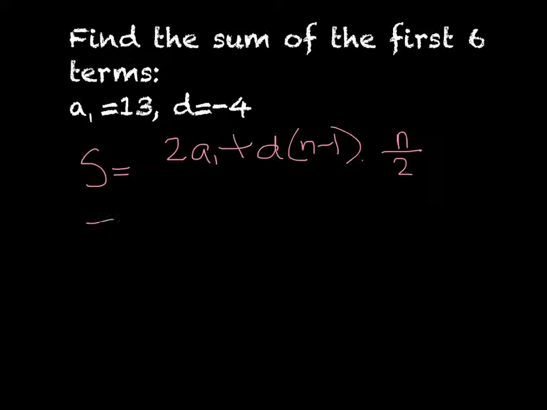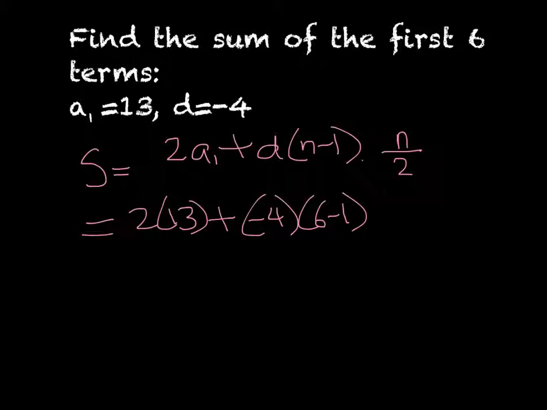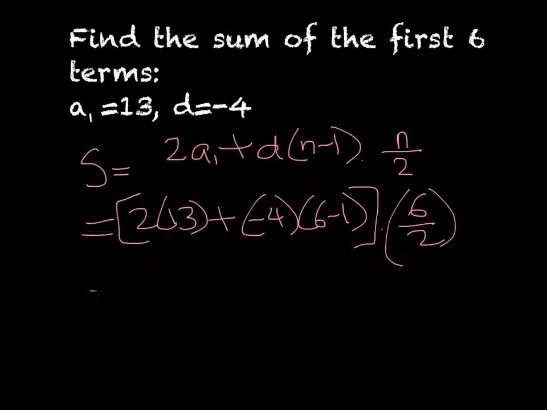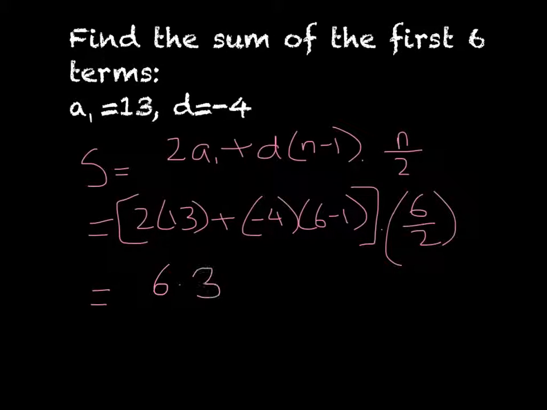So we can just plug in numbers. 2 times 13 plus -4 times 6 minus 1, all multiplied by 6 over 2, which is 26 minus 20, or 6 times 3, which gives us 18.